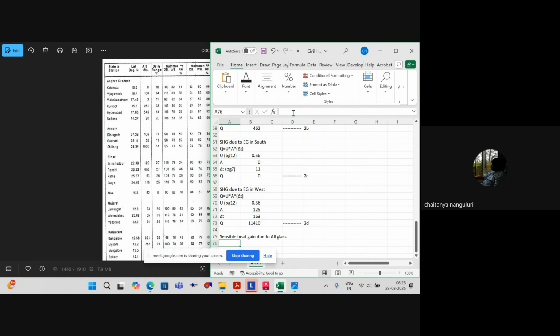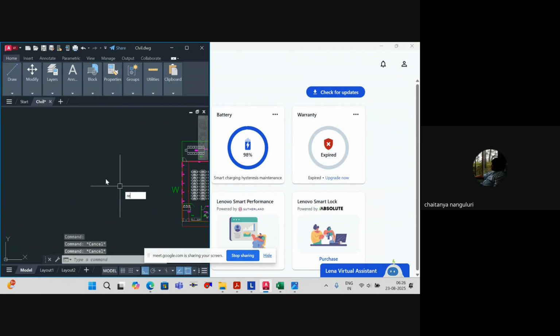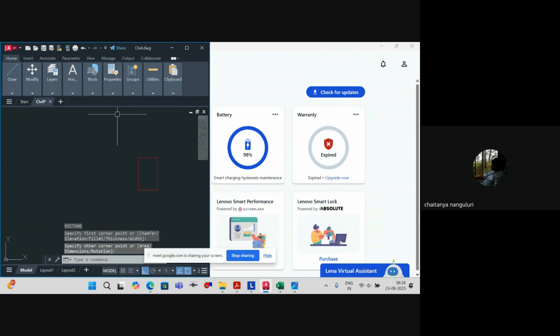Because there won't be any heat entering, because between two panes you have vacuum. Only radiation is there, which is a very minor value. The conduction and convection values will both be zero. Understood or not?